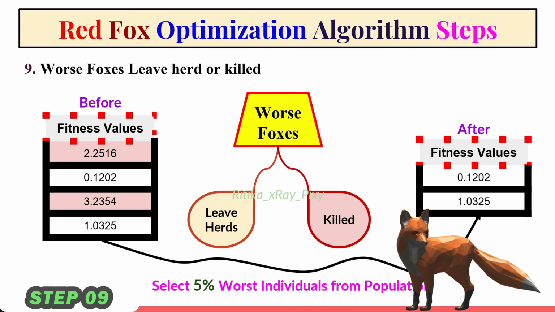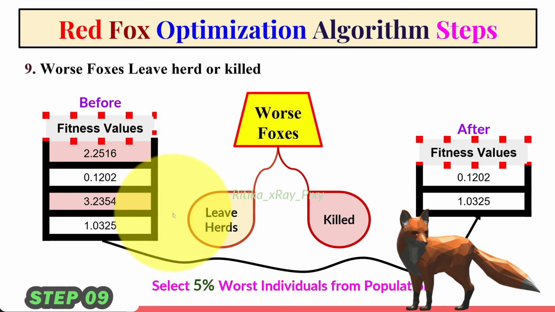In order to simulate this behavior, we will select 5% worst individual from the population according to their fitness values for each iteration. So here if you are doing the minimization, then we will remove the maximum values. If you are doing the maximization, then we will neglect the minimum values.